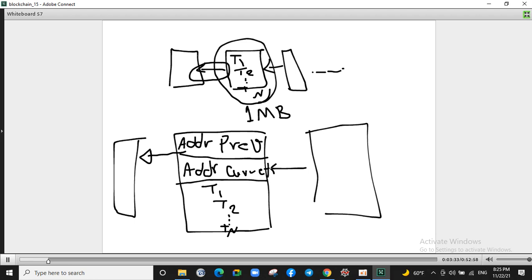Now I must explain how the addresses are created. The address of each block is created in a way that nobody can tamper any transaction inside a block.